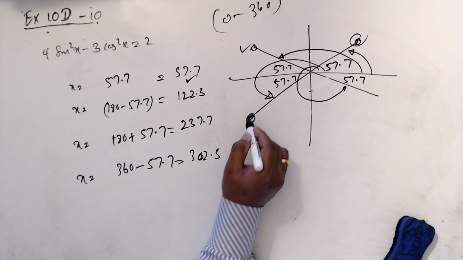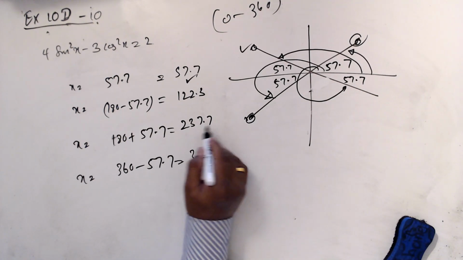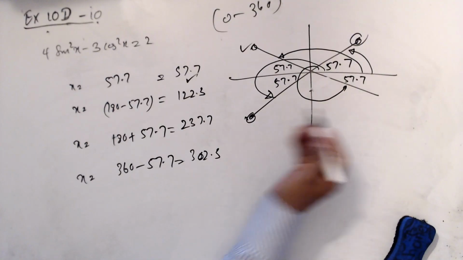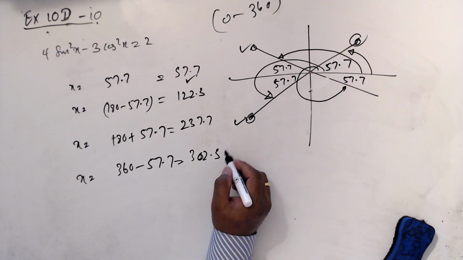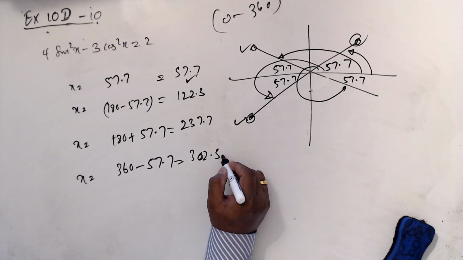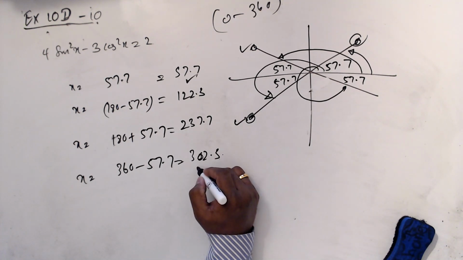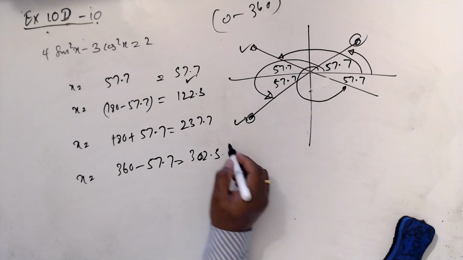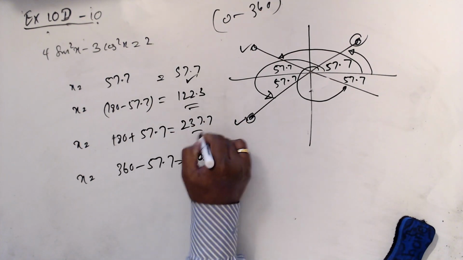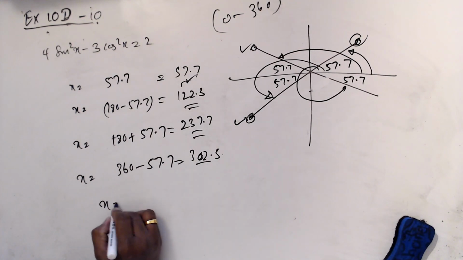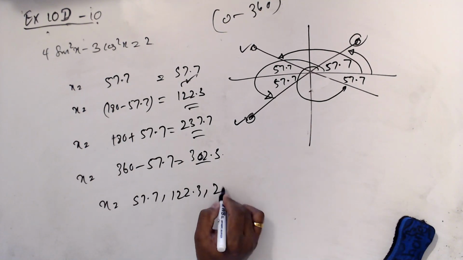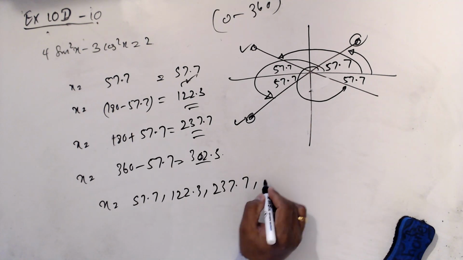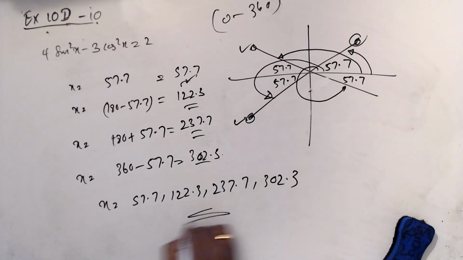Then we'll take this one, 237. If I add 360, out of range. If minus 360 is still out of range, that is done. This one. If I add 360, out of range, and if I minus, negative, still out of range. So those are the only four answers. So x equal 57.7, 102.3, 237.7, and 302.3.